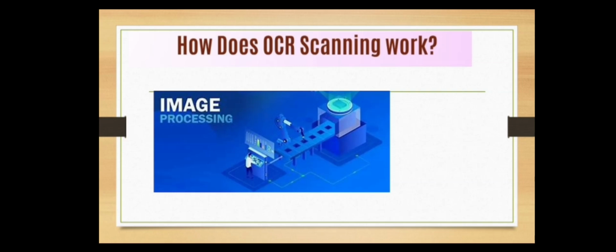It could have unwanted dots, be skewed, or suffer from poor resolution. To address these issues, the OCR system pre-processes the image to make it as clean and readable as possible. Some common pre-processing techniques include noise reduction, binarization, skew correction, resizing, and thresholding.